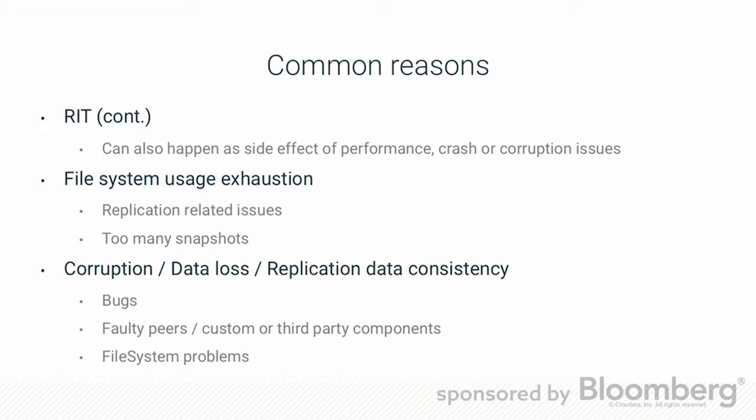Could also be related to underlying file system problems. That's normally when we see data loss. If corruption happened at the underlying file system level, there's very little that can be done from the HBase perspective to recover the data that was lost at this point.